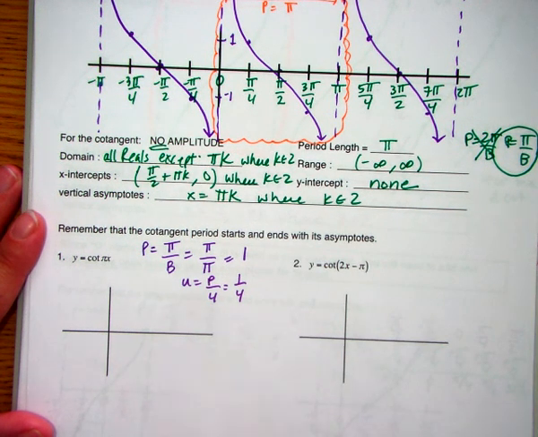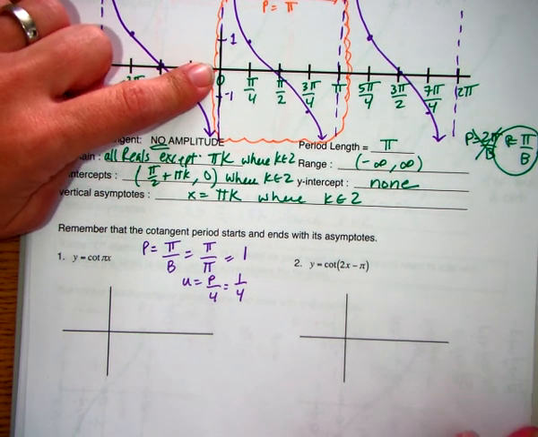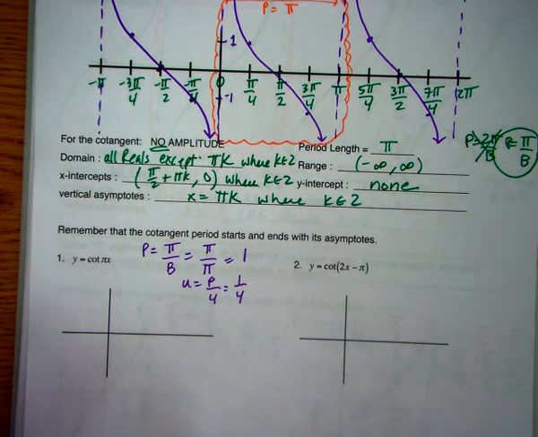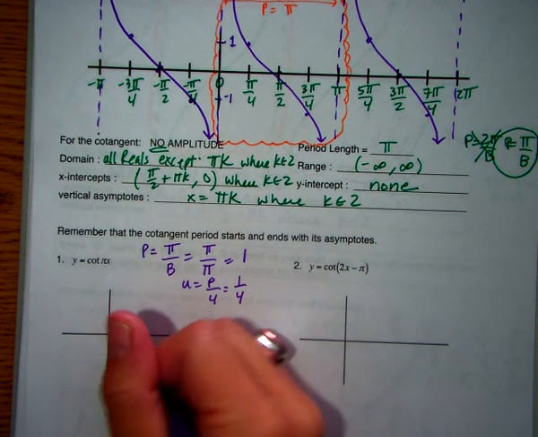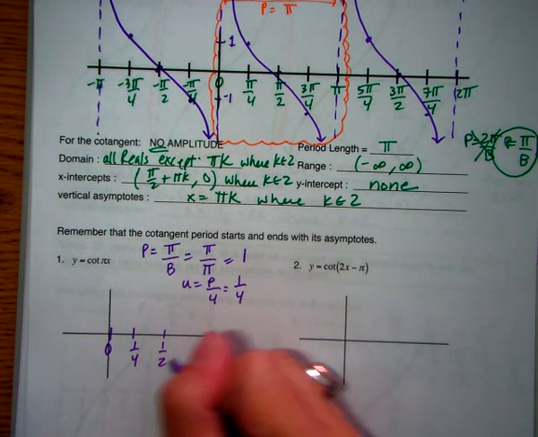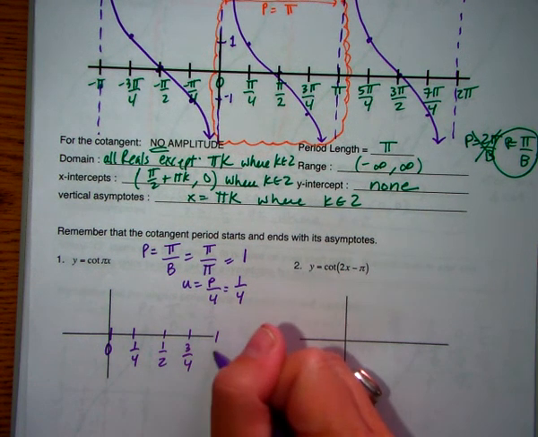So for cotangent, the nice thing is I can start at 0 and just go to the right. Okay, it's not like tangent. Tangent is the only one where you go left and right from 0. Okay, all the rest of them start at 0 and go to the right with your units. So 1/4, 1/2, 3/4, and 1.